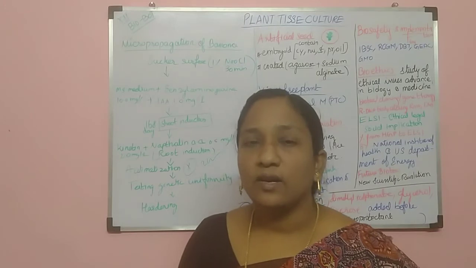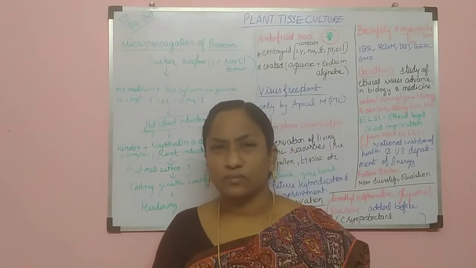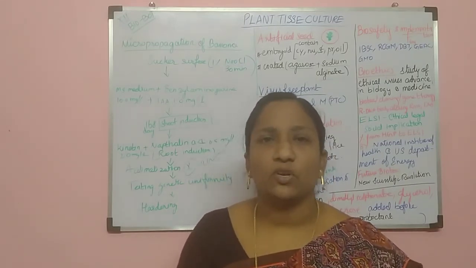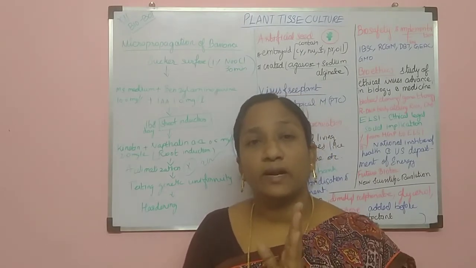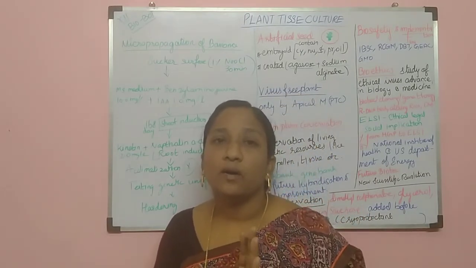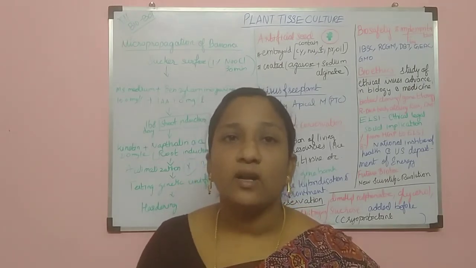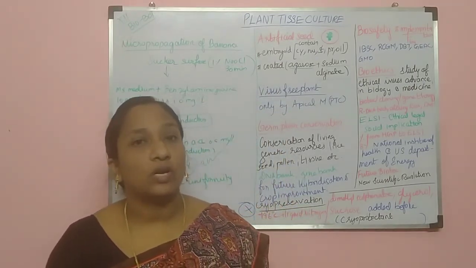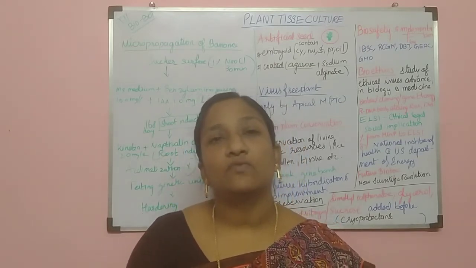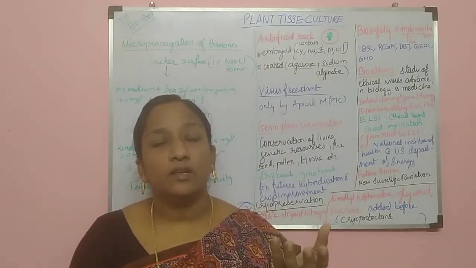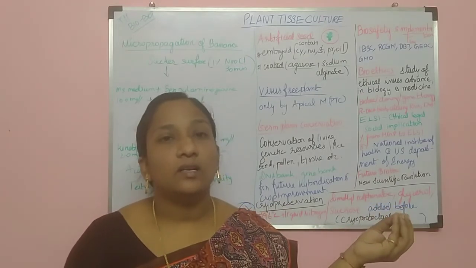All those things are useful for sterilization. After the sterilization, the pH and temperature should be maintained. Then we have to do the plant tissue culture only under a germ-free environment. For that we learned about the autoclave and other instruments like the electronic balance for measuring the culture medium.